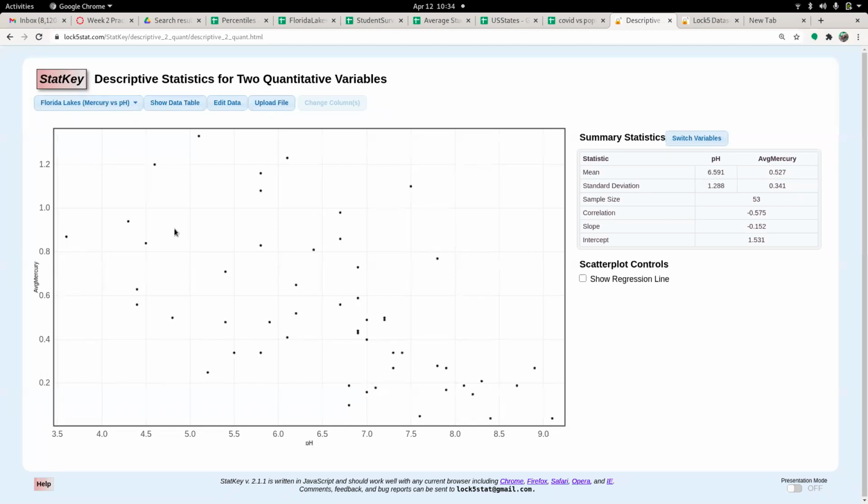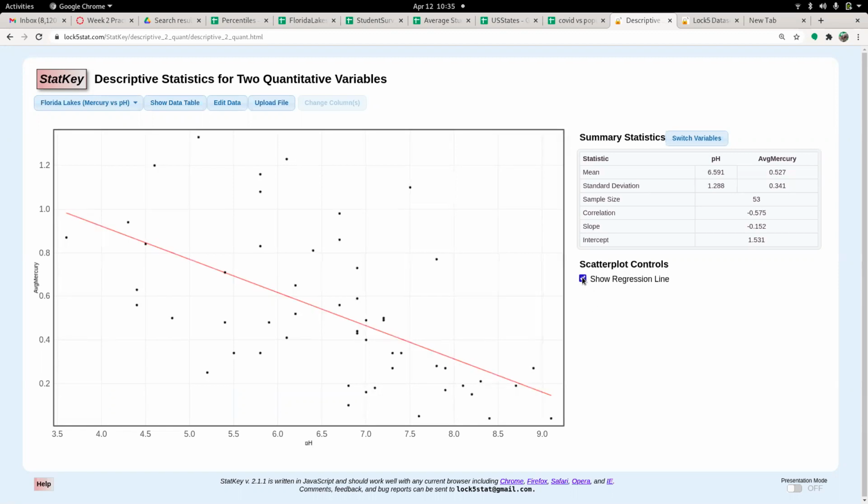So what this shows is that there's a wide variety of pHs, low pH, high pH, and then high mercury in fish and low mercury in fish. And they're wondering, if the pH is higher, do the fish have less mercury? If pH is lower, I kind of see a downhill trend, although it's pretty cloudy. We can push this button here and they'll draw a line through it with a mathematical measurement of the trend of the data.